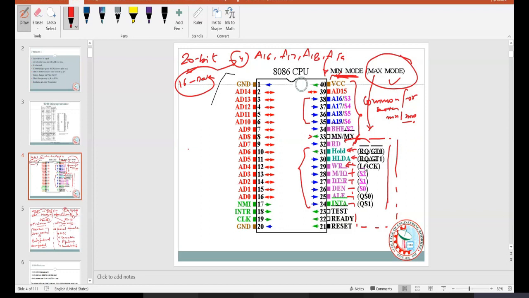Okay, so let's talk about some more signals now. All right, there is a category of signals which is called control signals, or control commands also.